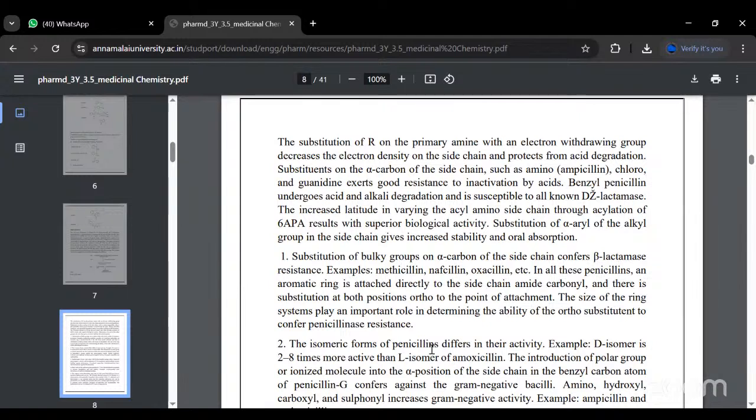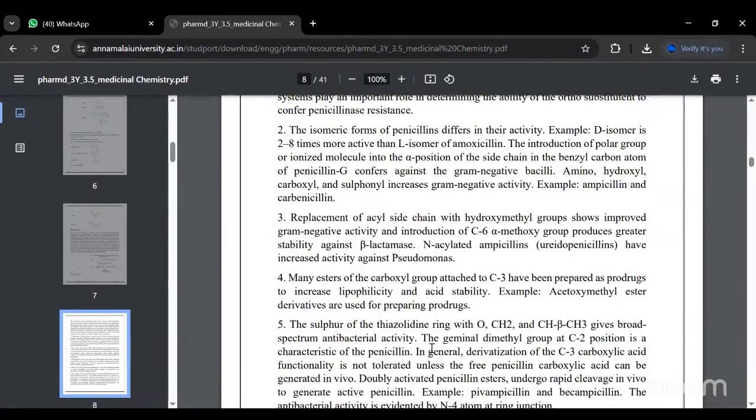In the alpha position of the side chain, the benzyl carbon is penicillin G. Substituents conferring activity against gram-negative bacilli include amino, hydroxyl, carboxyl, and sulfur.